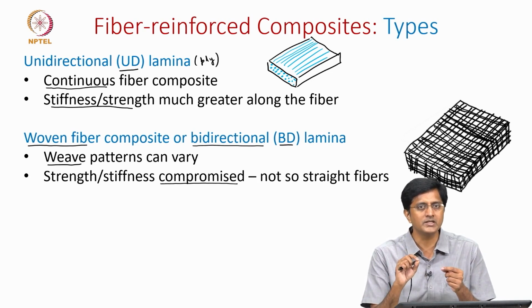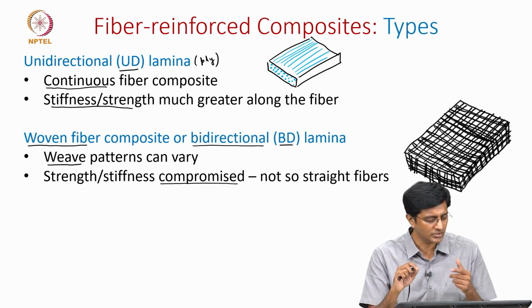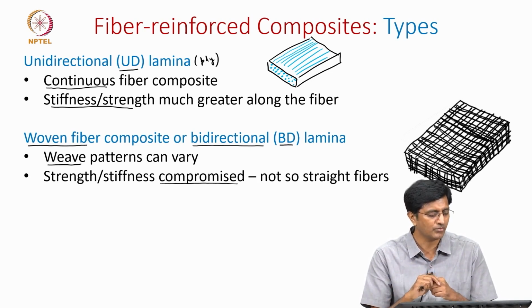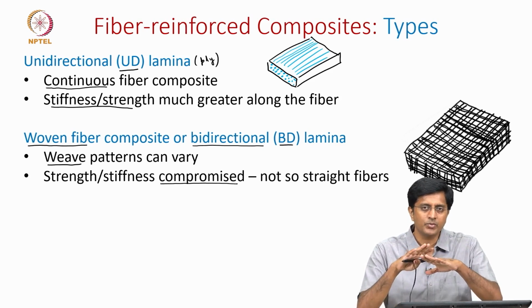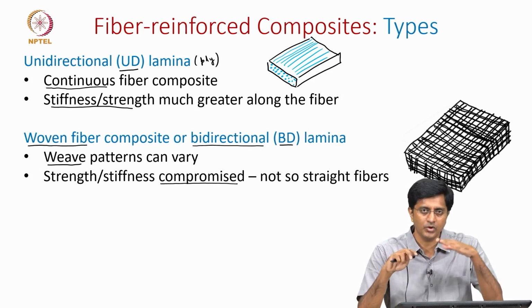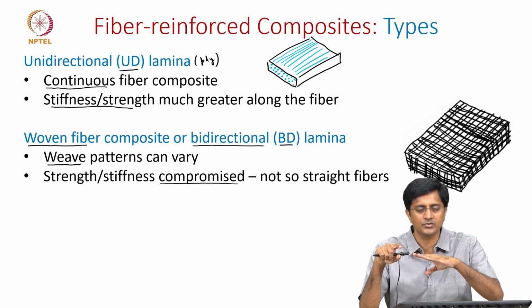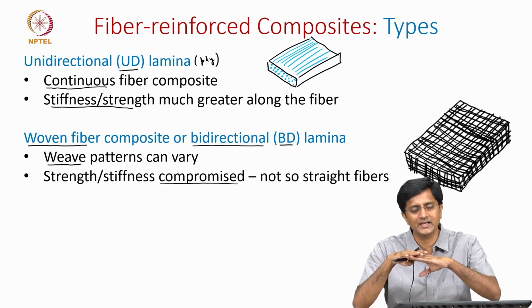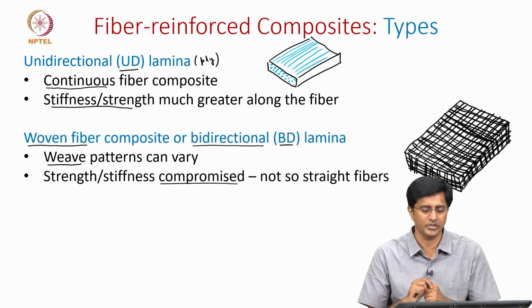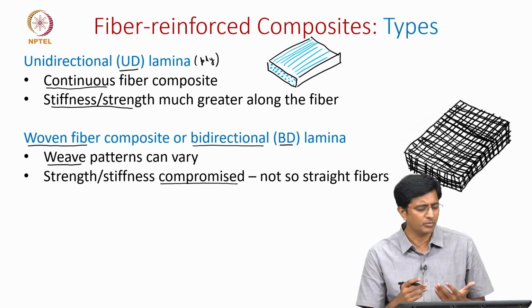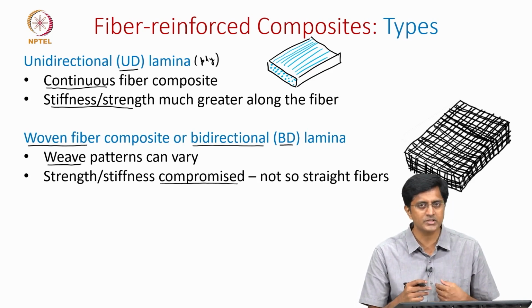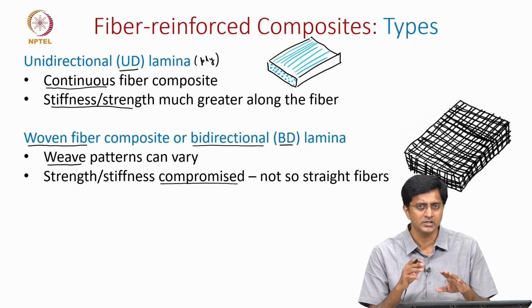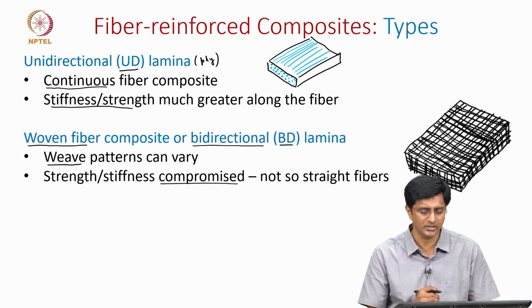But if we compromise a little about these properties, the good thing about the woven fiber composites is these properties are good in both directions, both along the direction of the primary fibers, and even in the perpendicular direction, since there are enough fibers. Now, the properties in the second direction as well are superior. A good example for woven fibers is the shirt material or clothing materials, because there we have threads going in perpendicular directions.